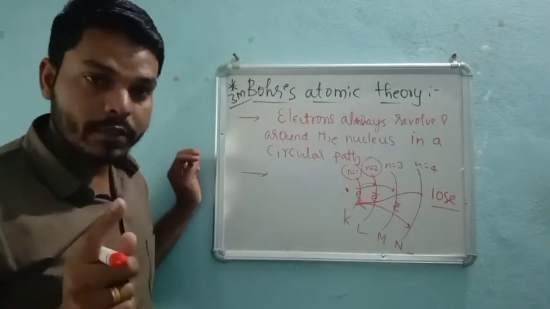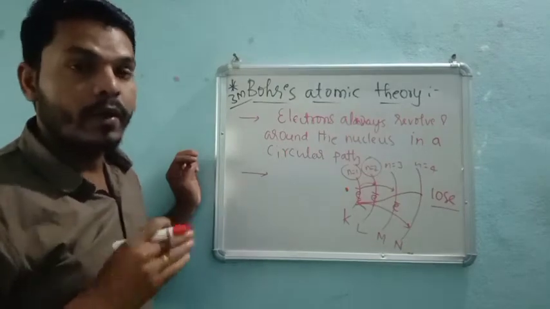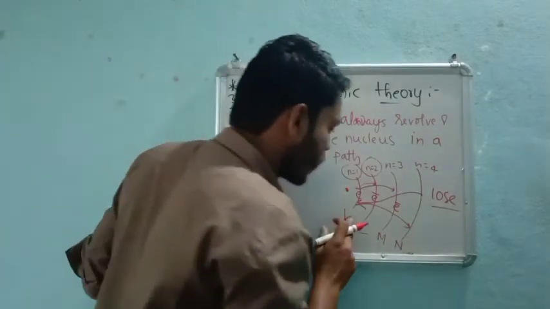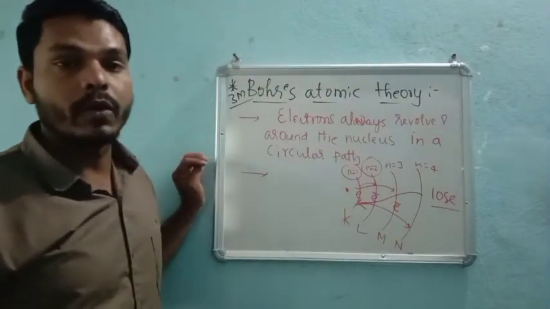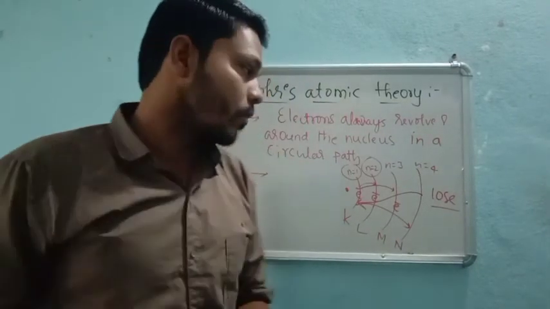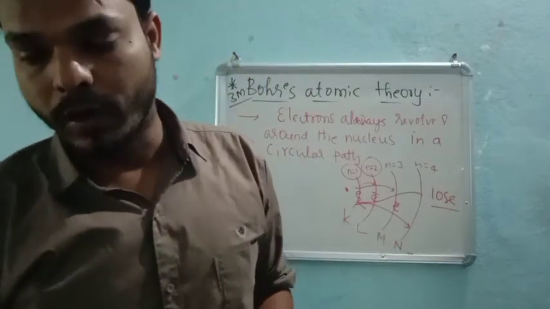Whenever the loss takes place, the electron jumps from higher to lower. Whenever the gain of energy takes place, the electron jumps from lower energy level to higher energy level. So this is about Bohr's atomic model.